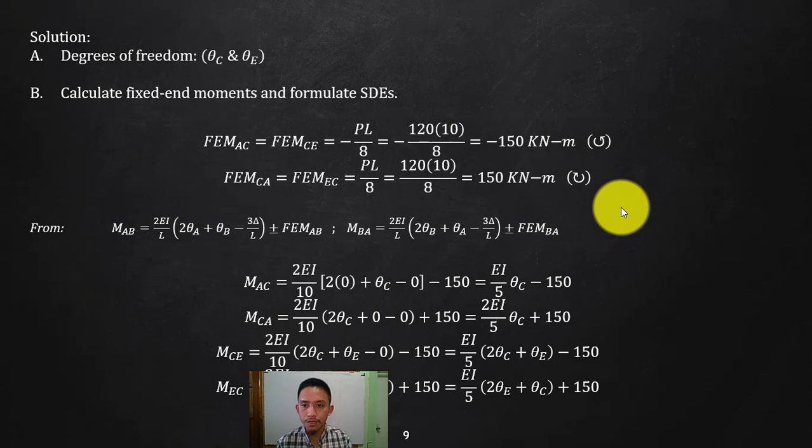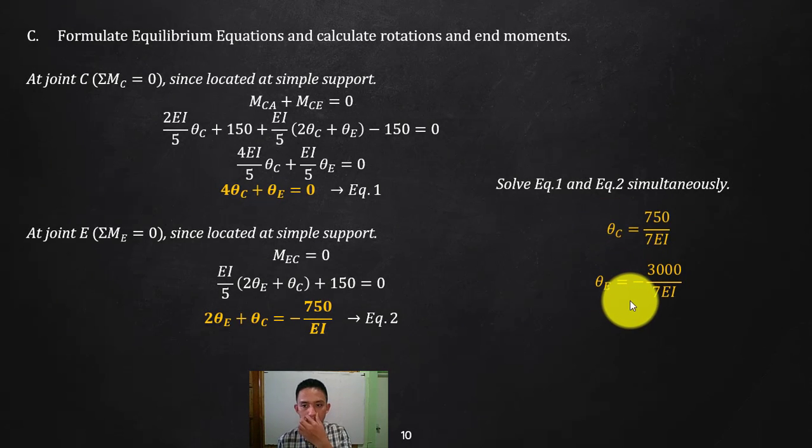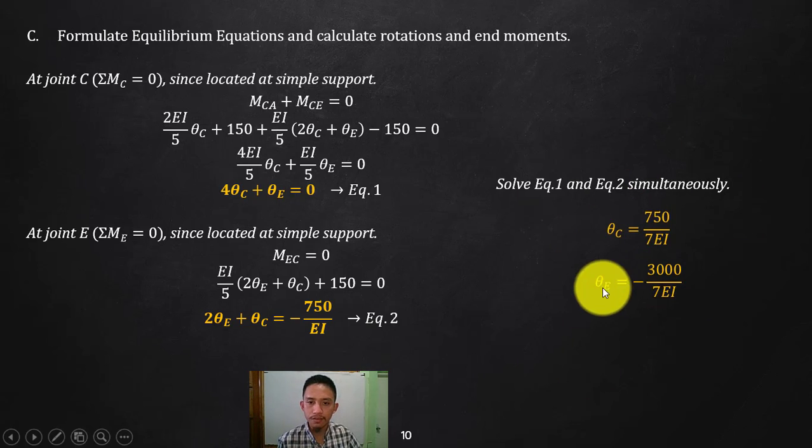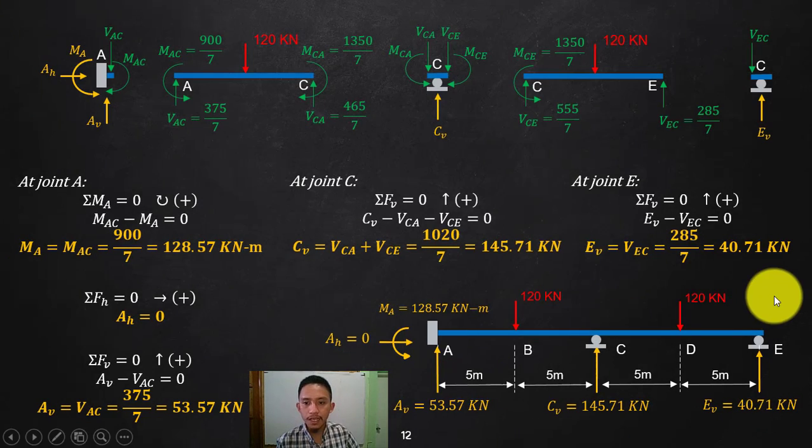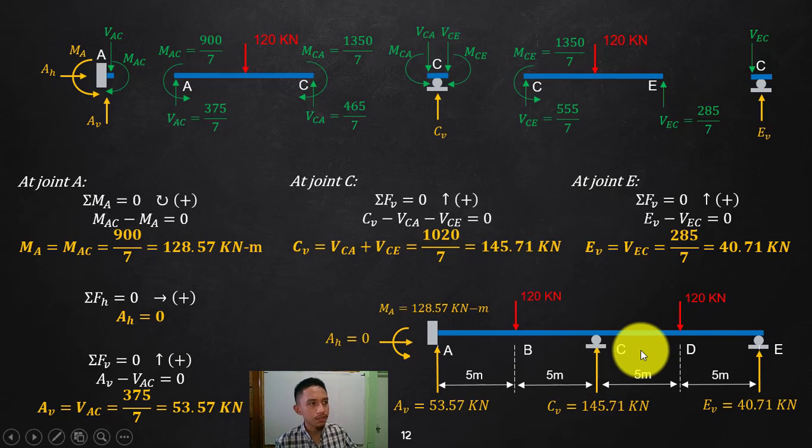So all you need to do is substitute your E and I, and you will end up with the values of your rotations, which are the unknowns. But the thing here is that if the unknown rotations or deflections are within the span, not on the support, then you need to make use of your methods of deformation, which is, again, moment area method, conjugate beam, or virtual work method.